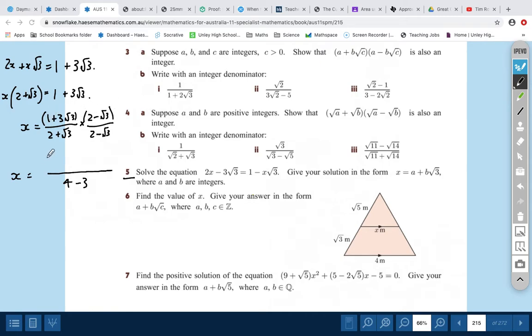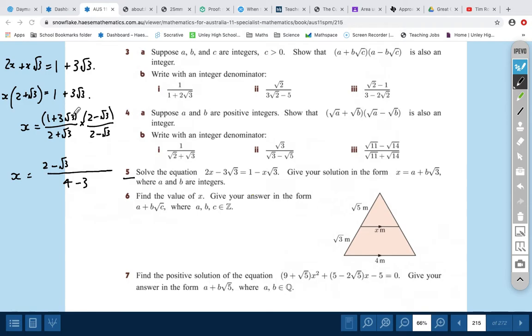It's tempting to try and do these in your head, and that's fine as long as you get the right answer. So the first term multiplied is 1 times 2. The outside term, 1 times minus root 3. Okay, that's just minus root 3. The inside, 3 root 3 times 2.